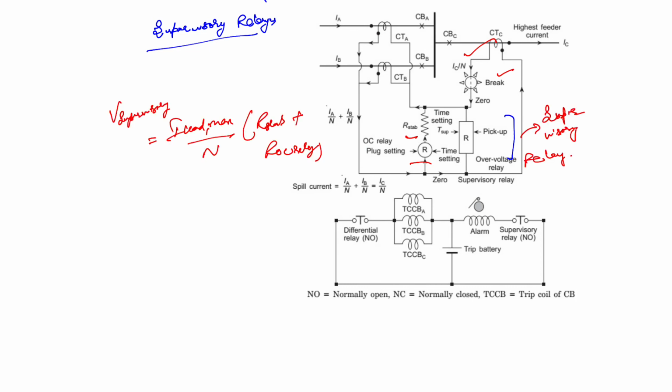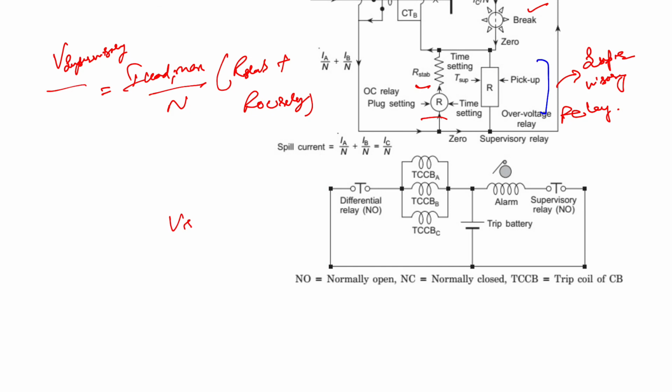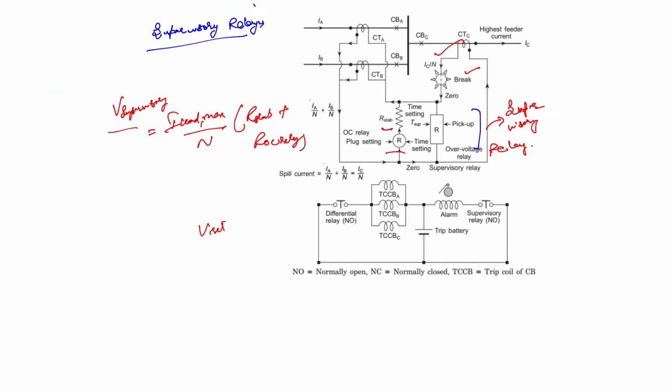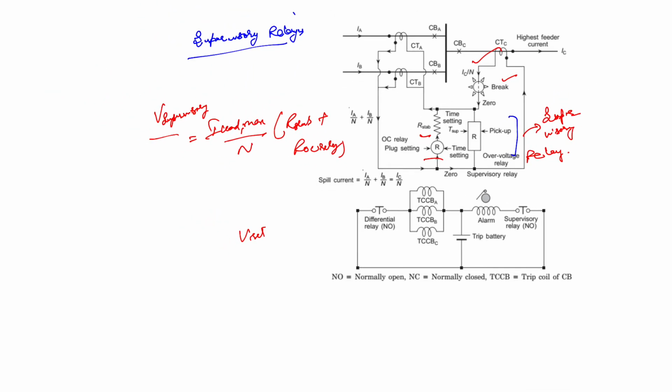The supervisory relay is set to pick up at V supervisory, given by I load maximum divided by N into R stabilizing plus R overcurrent relay. However, in this discussion we have neglected the magnetizing current of CTs. The setting of the supervisory relay, V supervisory, will be much less than the setting of the high impedance relay, V set.